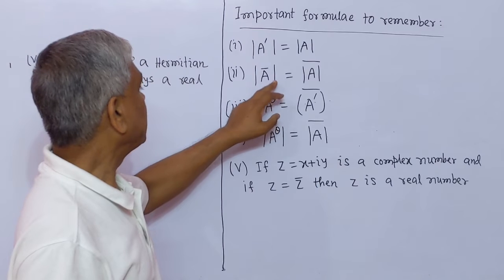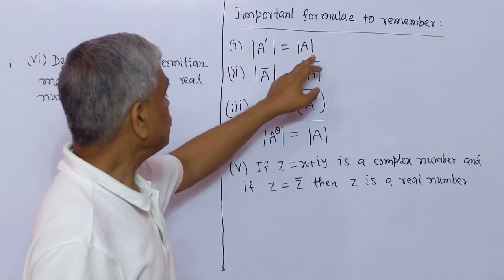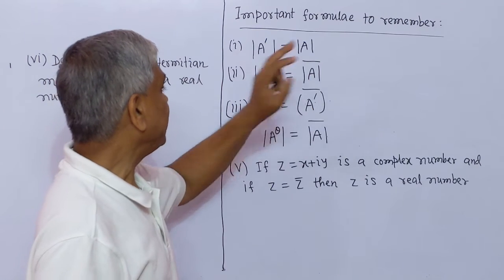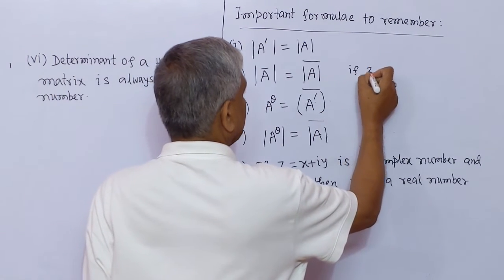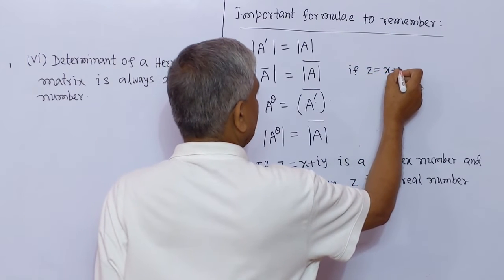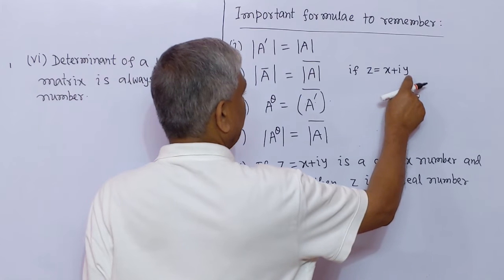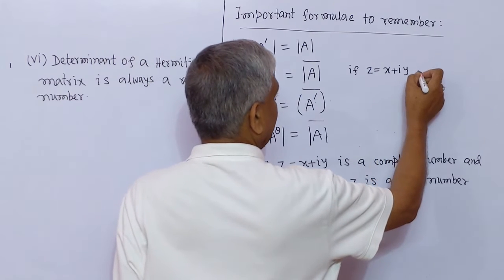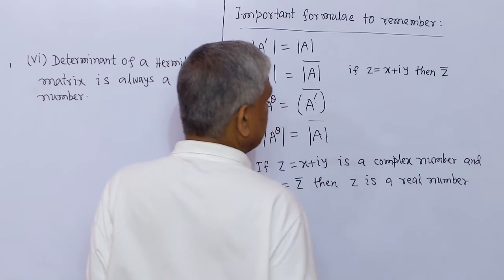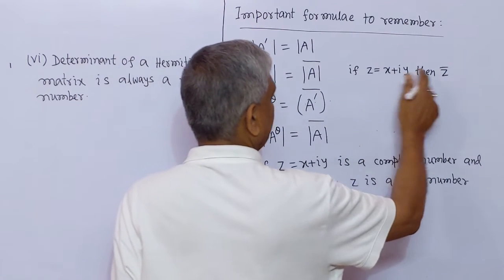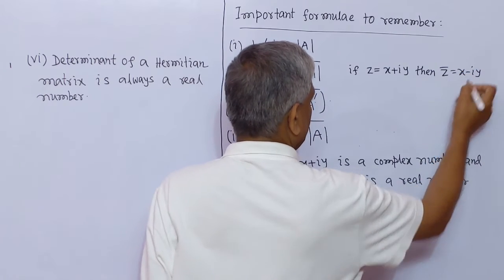Determinant of conjugate of a matrix A equals conjugate of determinant of matrix A. Conjugate means if Z equals X plus iY is a complex number where X and Y are real numbers, then Z bar is denoted by conjugate of this complex number, and this is equal to X minus iY.